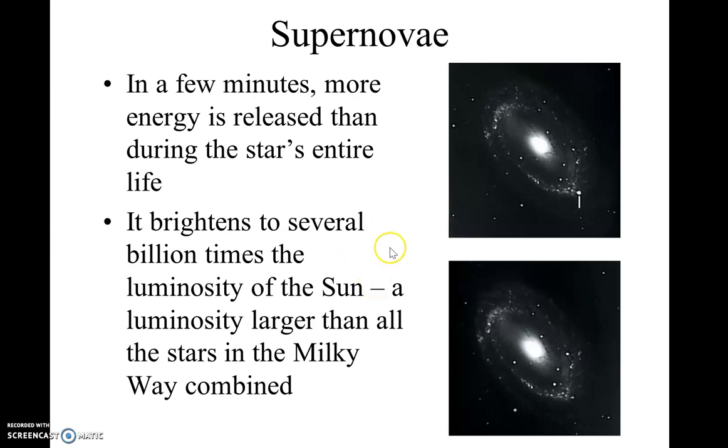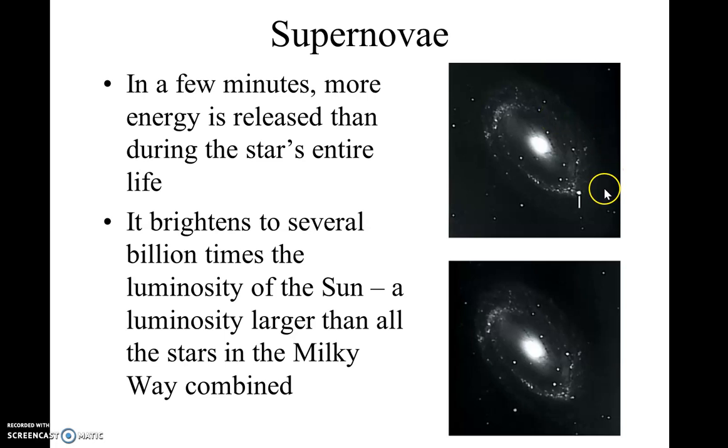And one thing to note is these supernova explosions are so incredibly bright that for a small amount of time, if you look at the picture right here, the star can actually outshine the rest of its galaxy. Now, let's say a galaxy has 100 billion stars.